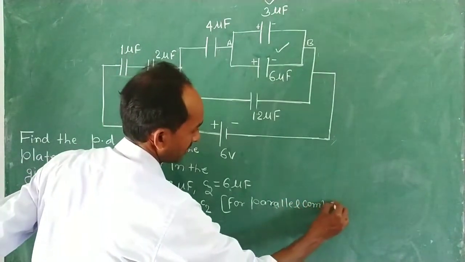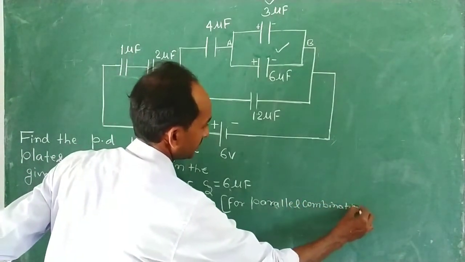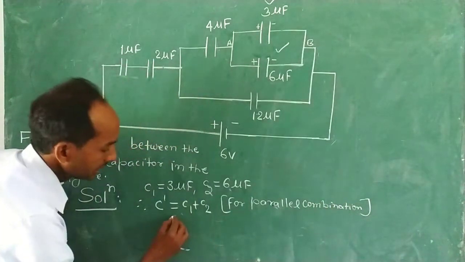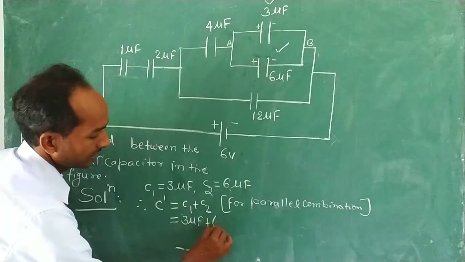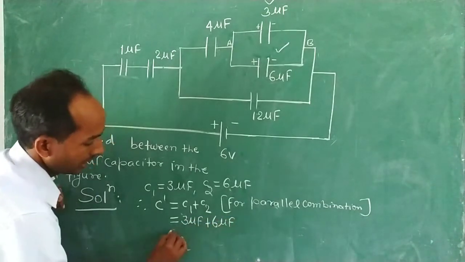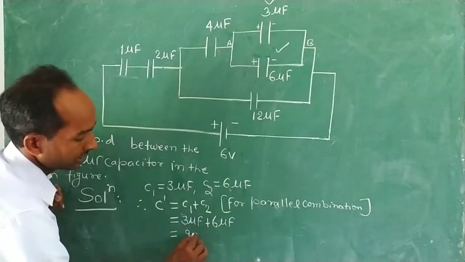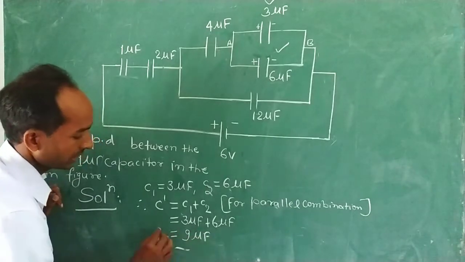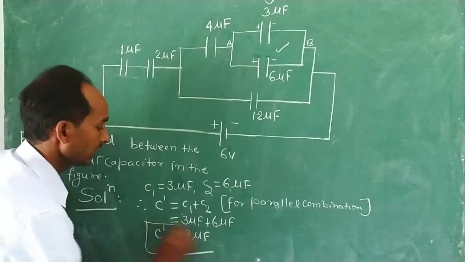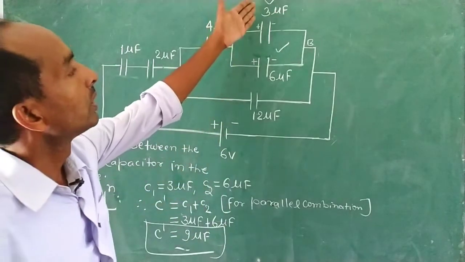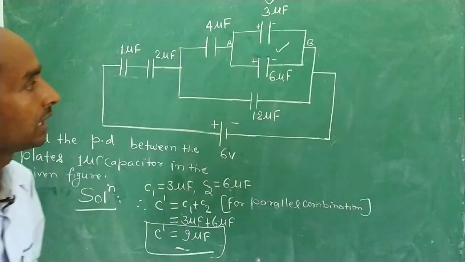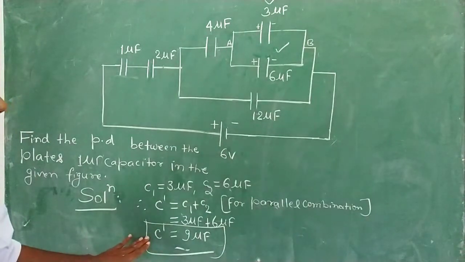This will equal 3 microfarad plus 6 microfarad, and overall this becomes 9 microfarad. This will be the equivalent capacitance of the 3 microfarad and 6 microfarad capacitors.